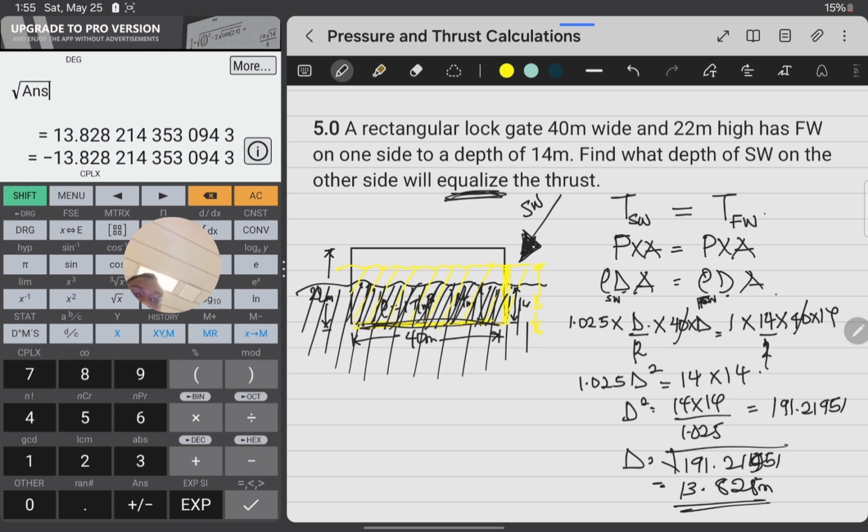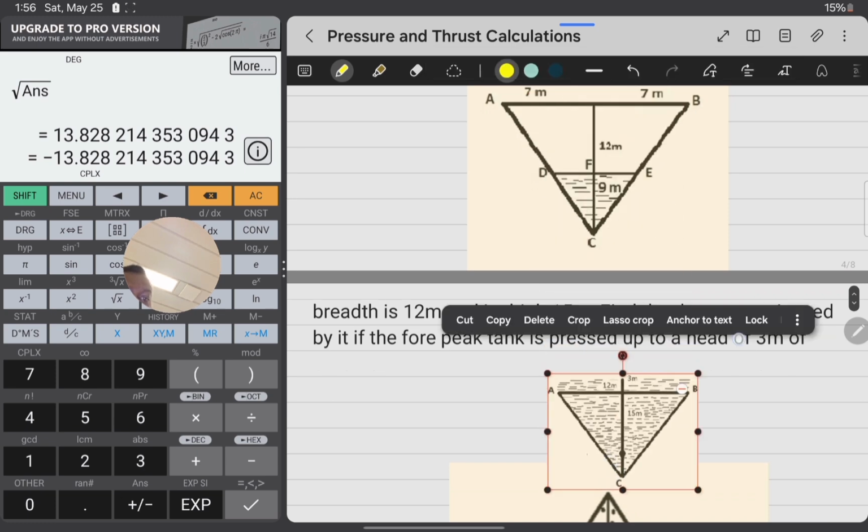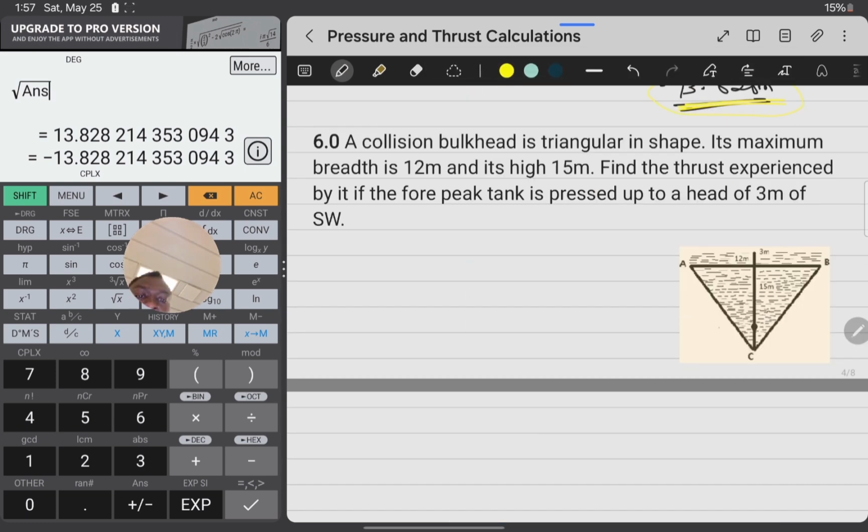So in order to equalize the thrust, when seawater is acting on one side and freshwater on the other side, with the freshwater 14 m deep, the seawater on the other side has to be 13.828 meters deep.